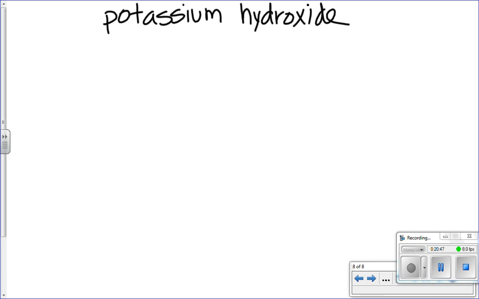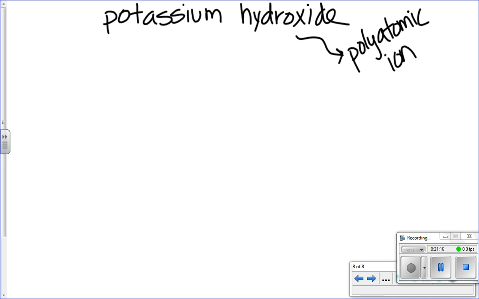Hydroxide is what we call a polyatomic ion. What does the word poly mean? More than one. So for monatomic ions, mono means one. Potassium is a monatomic ion. It only has one atom. But polyatomic ions have more than one atom.